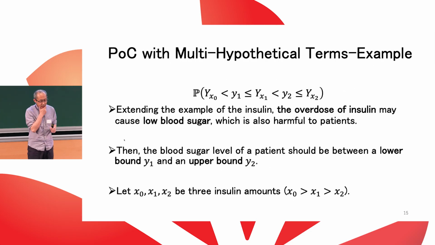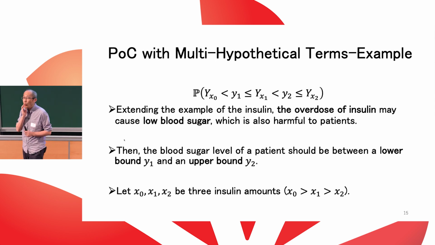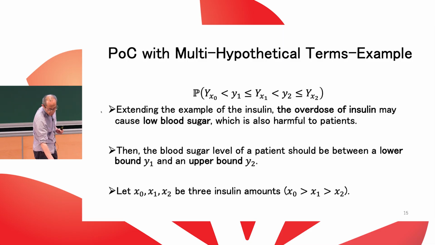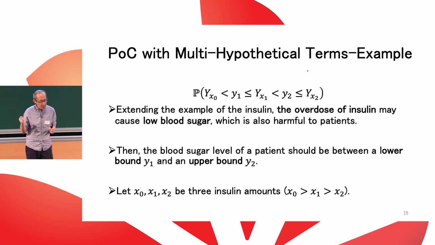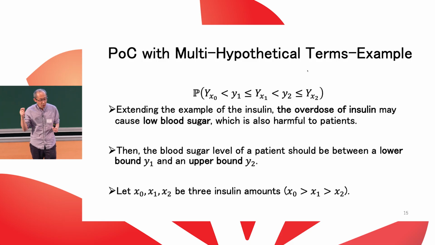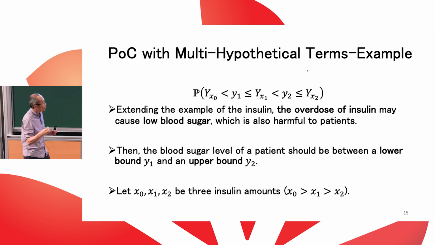As another example, now we can consider more complex counterfactual quantities, like this one. Now we are talking about multiple counterfactual or potential outcomes. Again, for this insulin example, you can imagine that, in general, an overdose of insulin may cause the blood sugar to be too low.